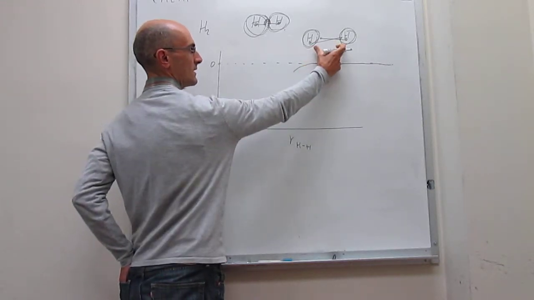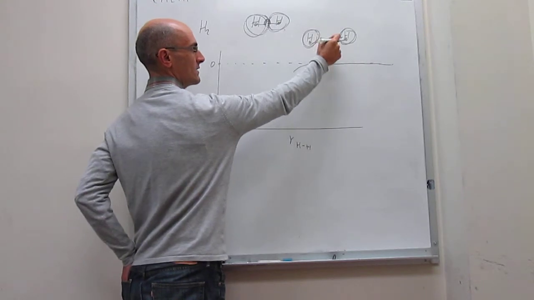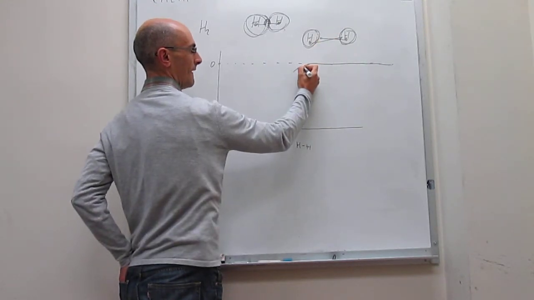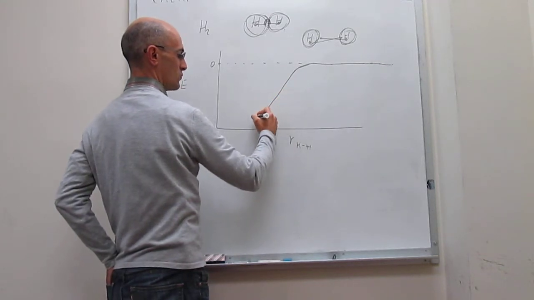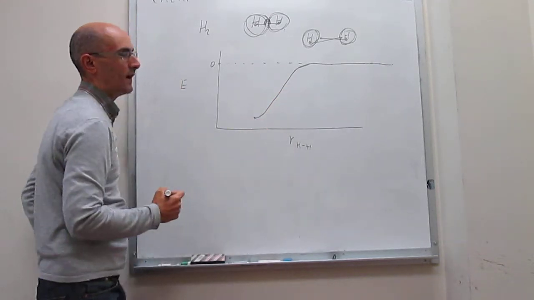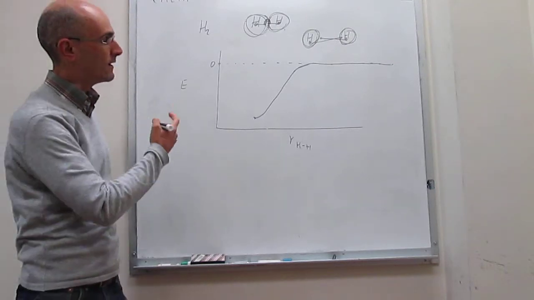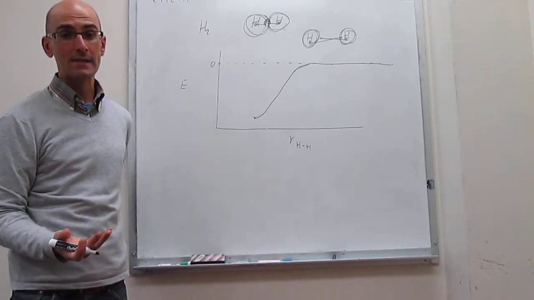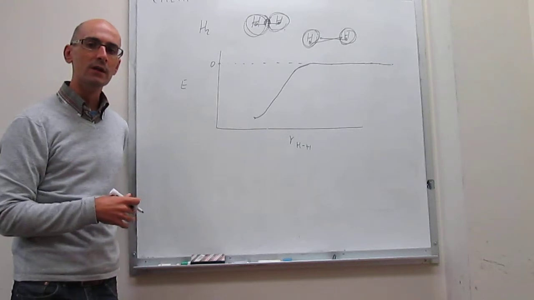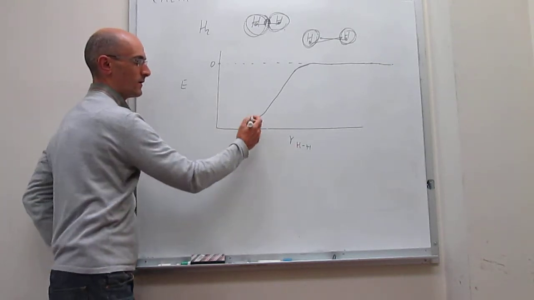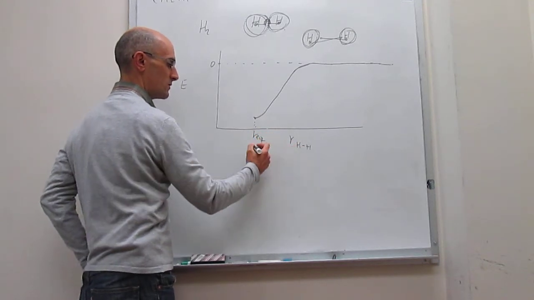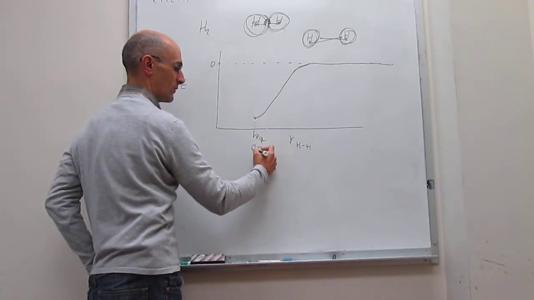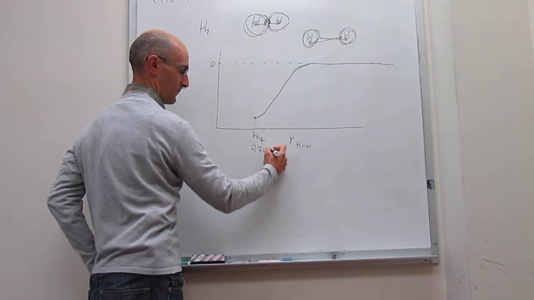As those atoms get closer and closer together, this cross interaction will be increasingly stronger, until you get to a point where the interaction happens to be maximum. That is the most stable distance between the two atoms, and that is what we call the equilibrium distance. For H2, this equilibrium distance happens to be 0.74 angstrom.